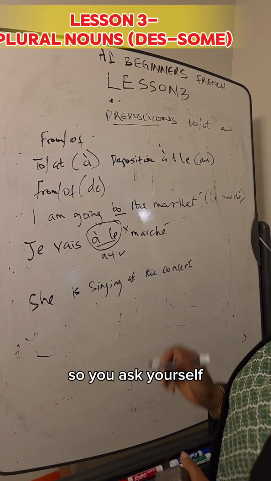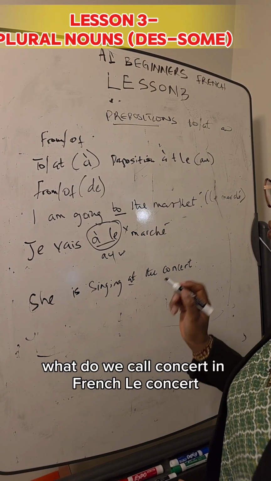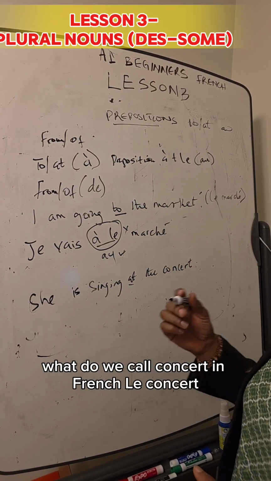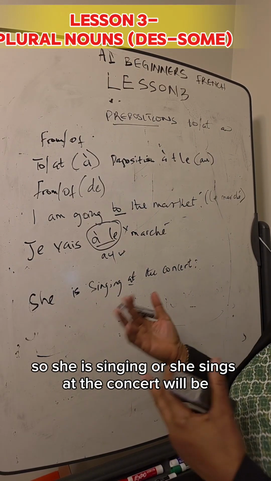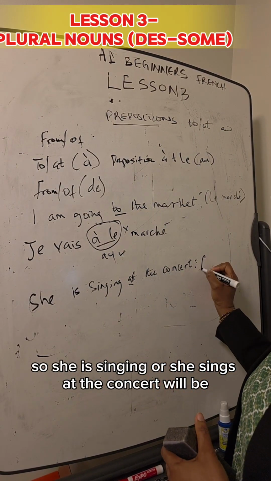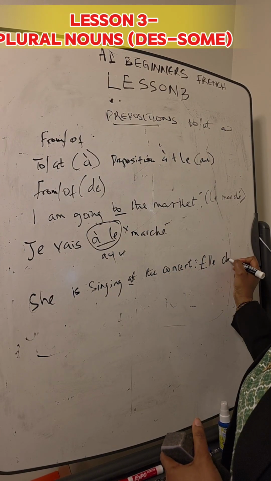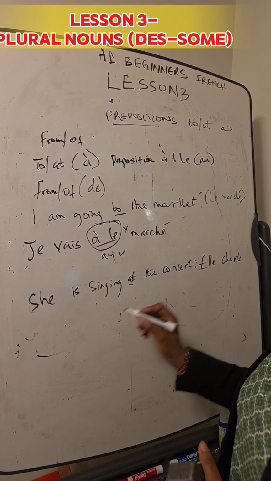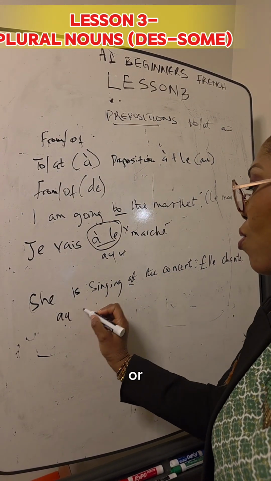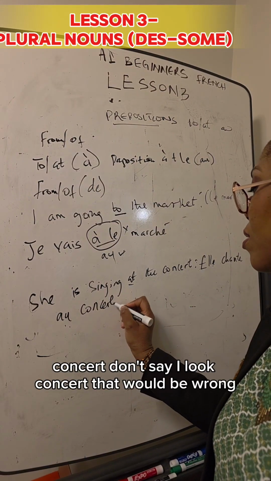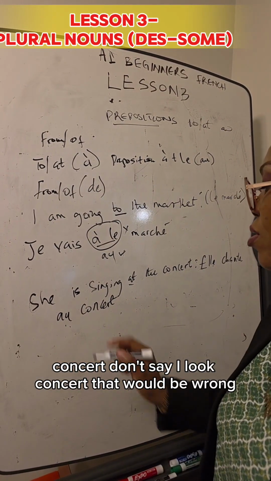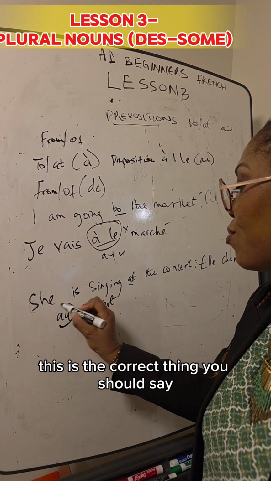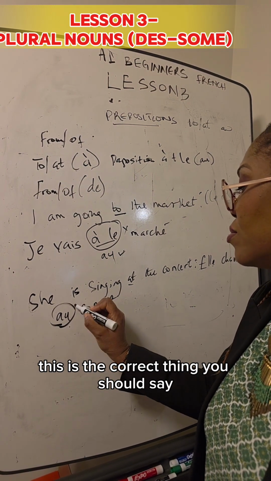So you ask yourself, what do we call concert in French? Le concert. Same thing in English. So she is singing, or she sings at the concert, will be elle chante au concert. Don't say à le concert. That would be wrong. This is the correct thing you should say.